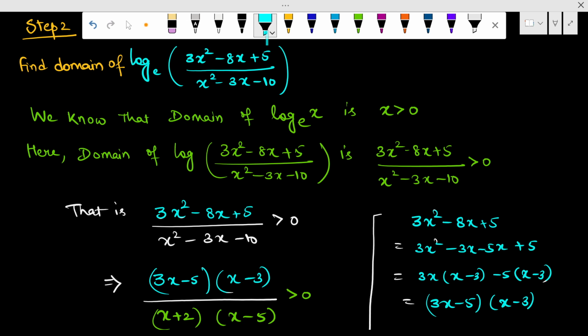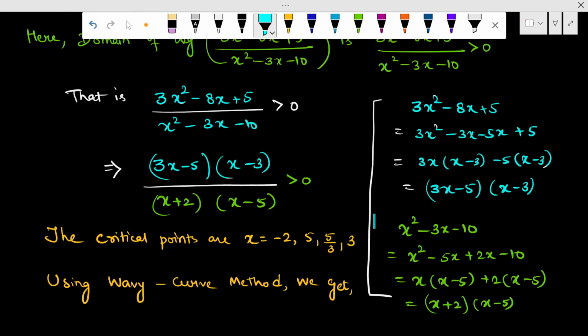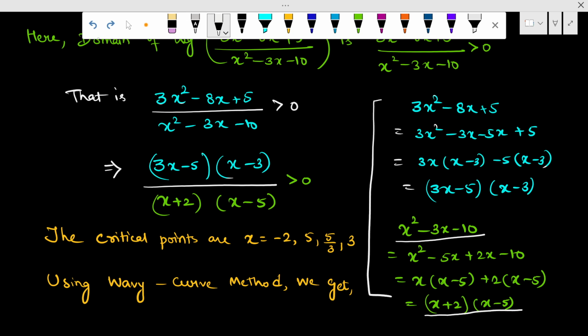Similarly, you can factorize this also, x square minus 3x minus 10, right? We have factorized this and we have got the answer as (x plus 2) into (x minus 5). So in place of this denominator, we can write (x plus 2) and (x minus 5). Now this should be positive, right?